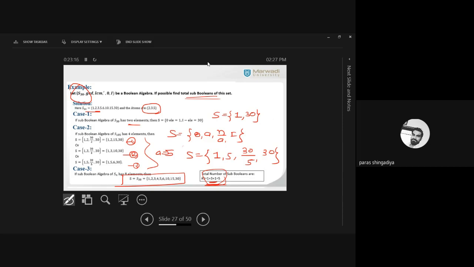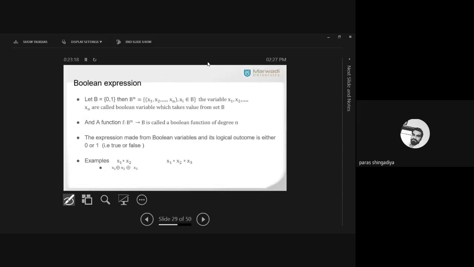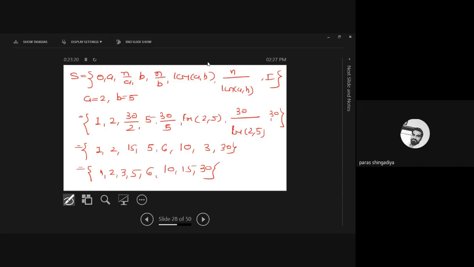So is there any confusion to anyone in this Stone representation theorem? Is there any doubt to anyone? Have all of you cleared this topic?